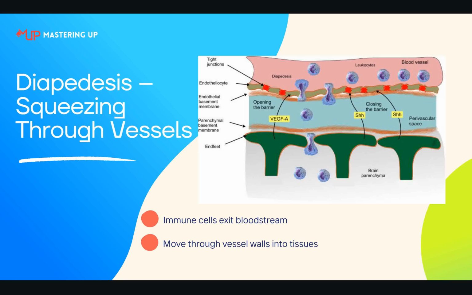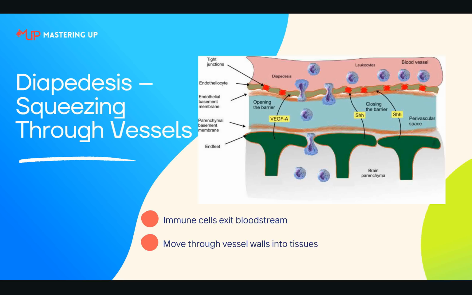Another important process is diapedesis. We have seen earlier in the illustration that the immune cells are attracted towards the infected site. That is, they move from the blood vessels into the tissues and reach the infected site. This movement is diapedesis. Diapedesis is the process by which immune cells exit the bloodstream.